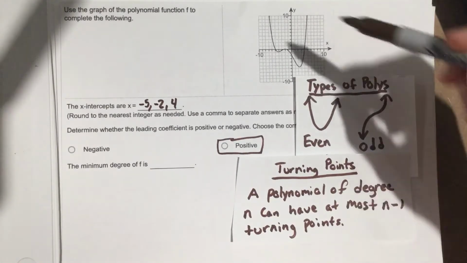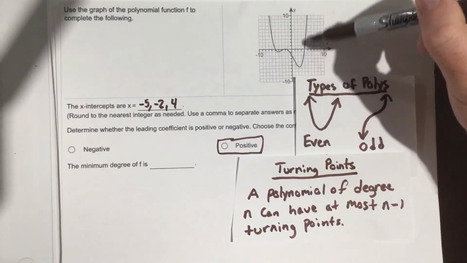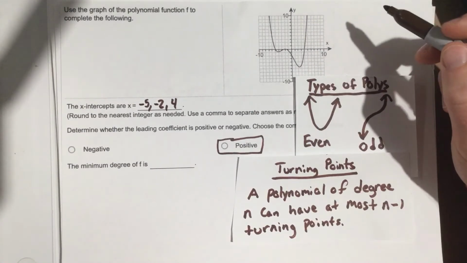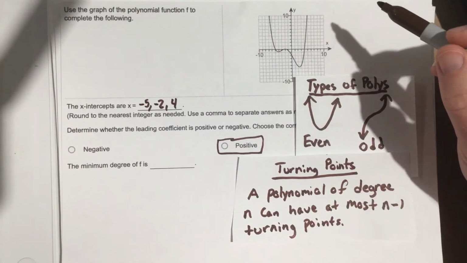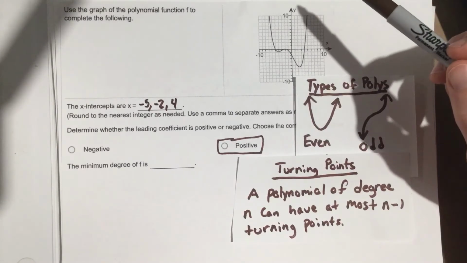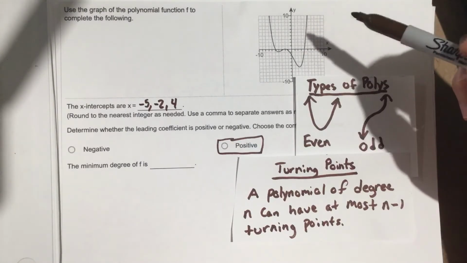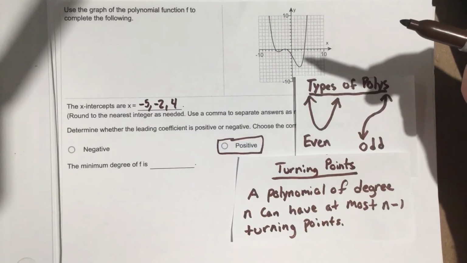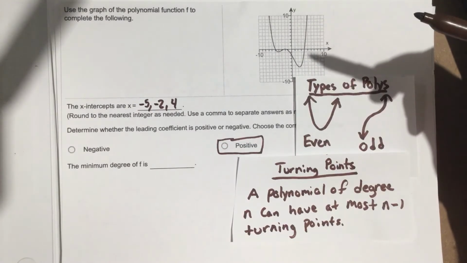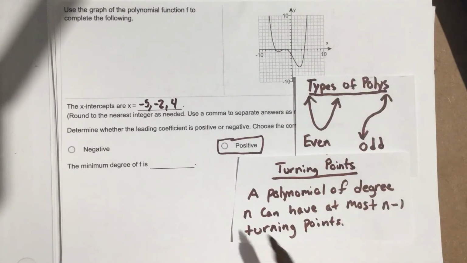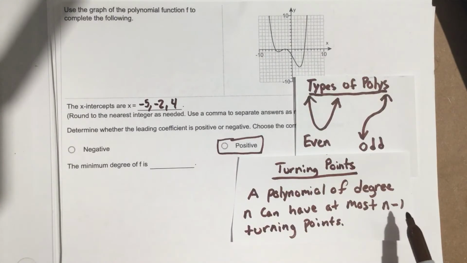So first of all, we know that this is an even function. Now, if it were a square function, I would expect for an x squared function to have 1 turning point, because degree 2 minus 1, that's 1 turning point.